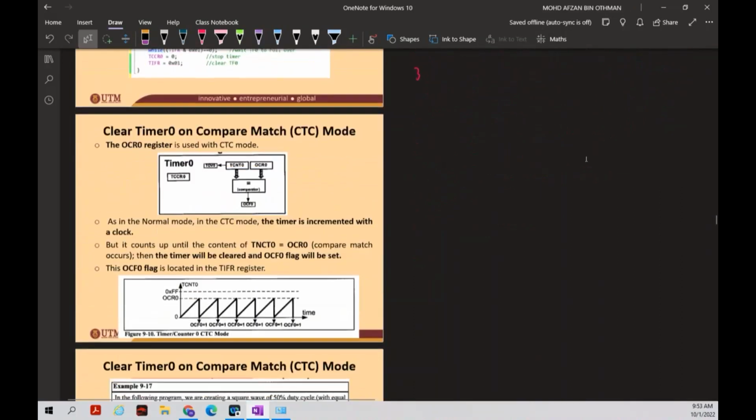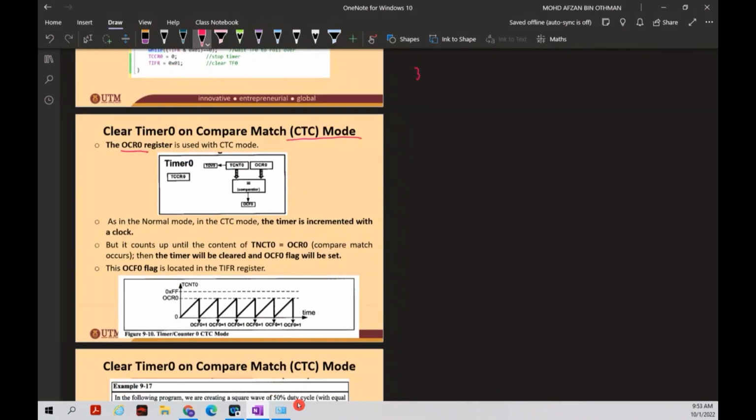Alright, so next we go to the next slide. This is how to do timer programming by using the CTC mode or compare match. For the CTC mode, another register, as I said in the previous class, is needed, that's called the OCR0 register.